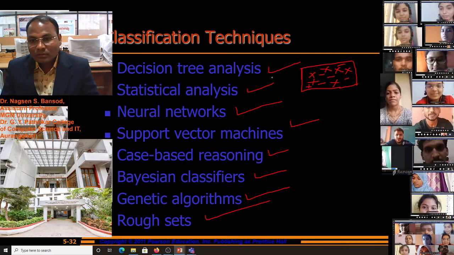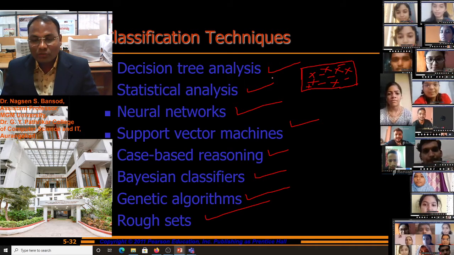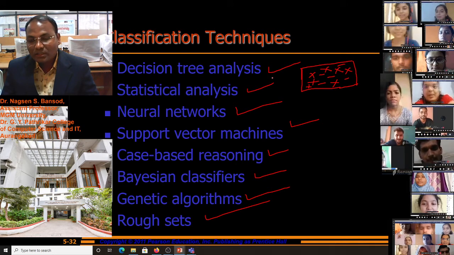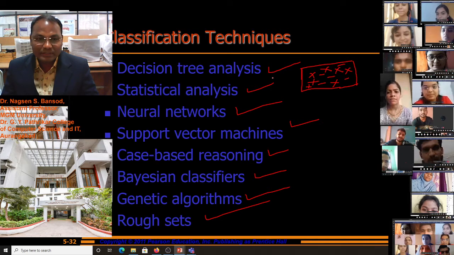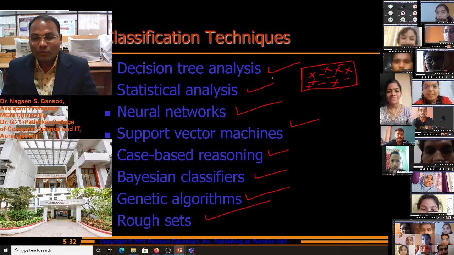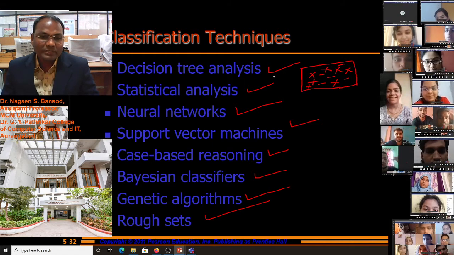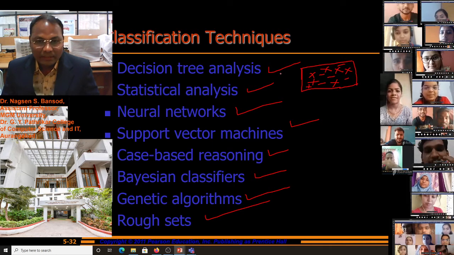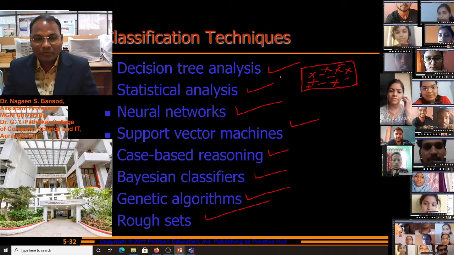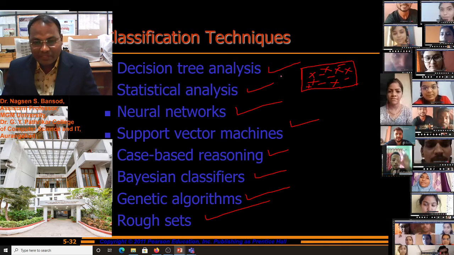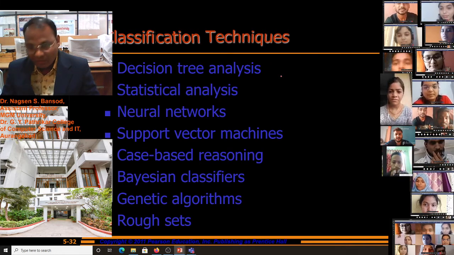Then we have to find which method, which algorithm will provide a good, accurate result. For this there are several algorithms and techniques for classification of the data, like decision tree analysis, statistical analysis, neural network, support vector machine, case-based reasoning, Bayesian classification, genetic algorithm, and rough set.